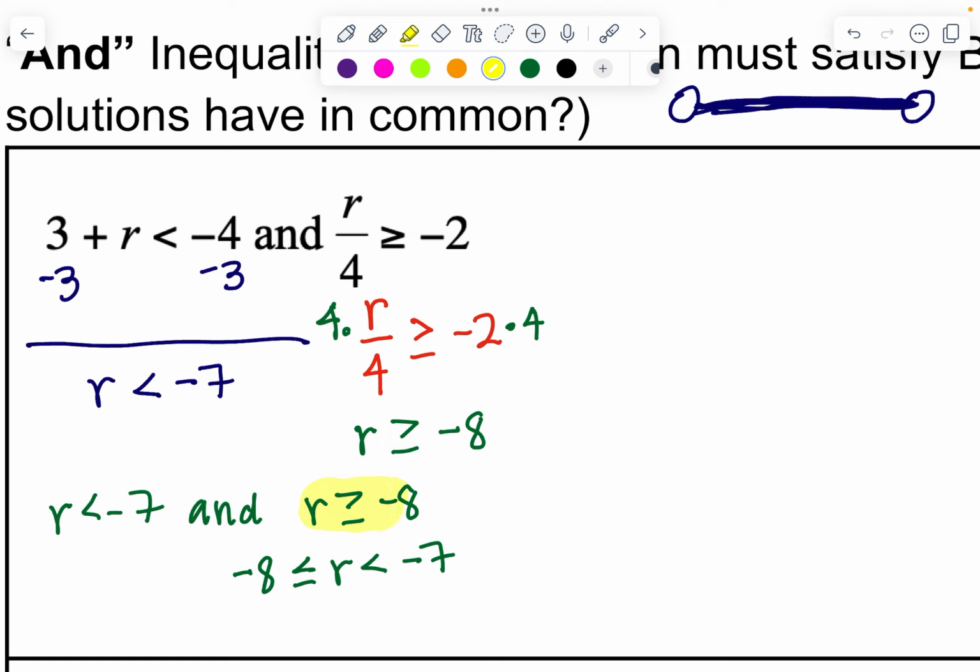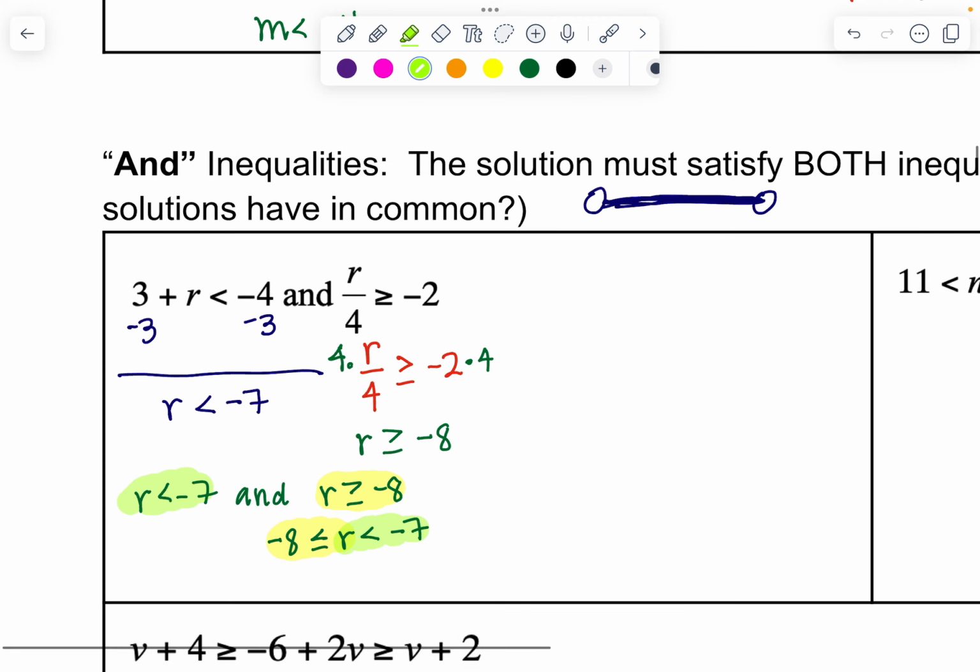Notice here that the bigger part is facing toward the r, and that bigger part is facing toward the r. Here, the smaller part is facing toward the r, and the smaller part is facing toward the r. So either one of those ways works to write your final answer.